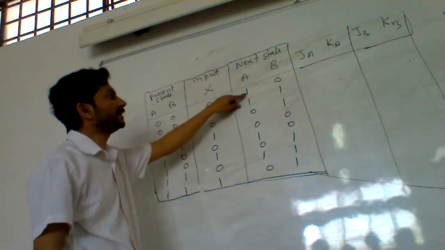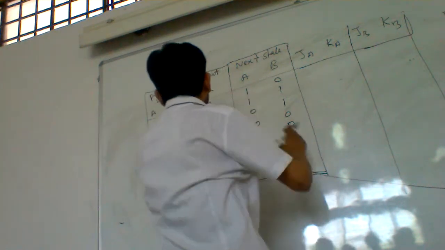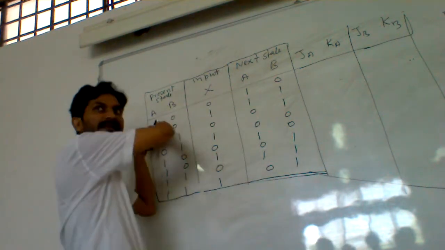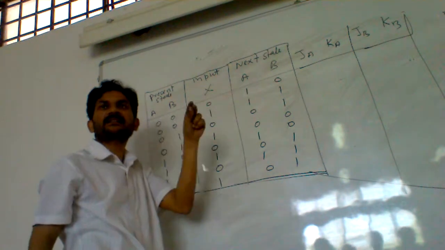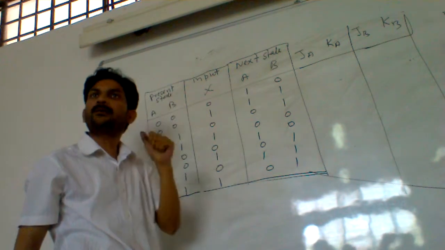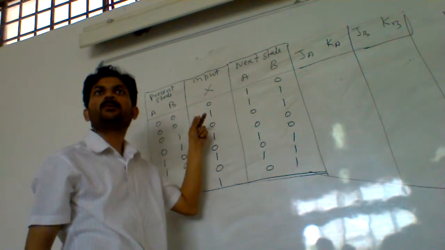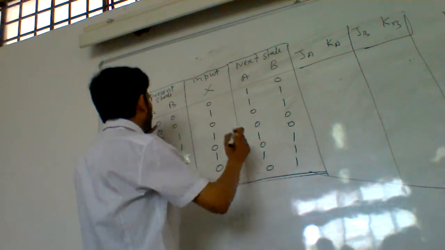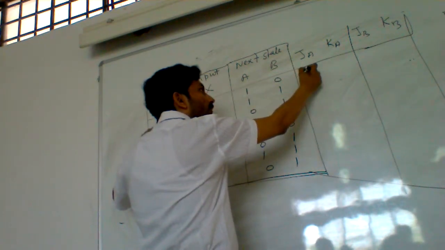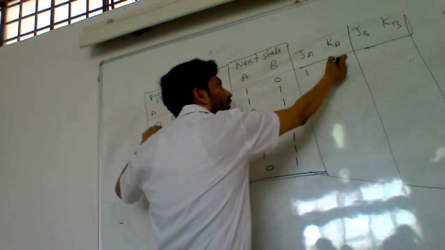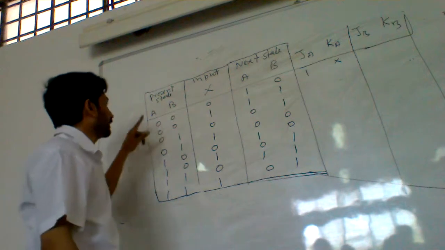The next state is 1 and 1 1. Then the next state is 1. See the excitation table of JK. What will be the answer? For 0 to 1, it is 1 and don't care.